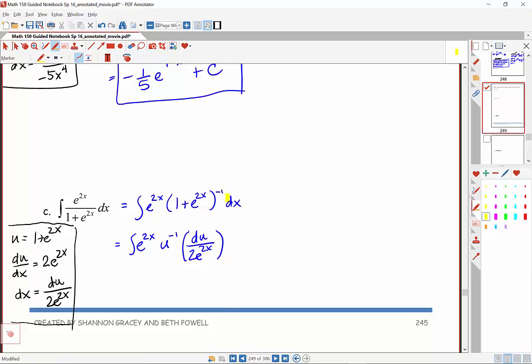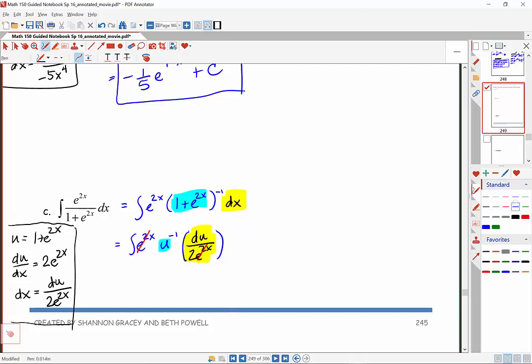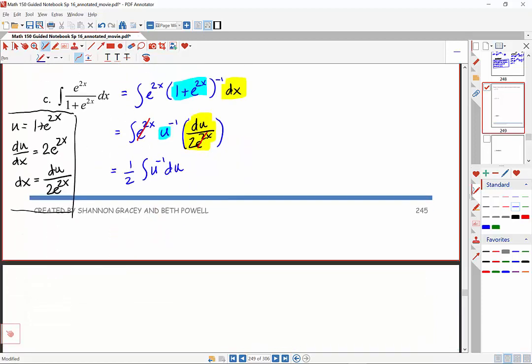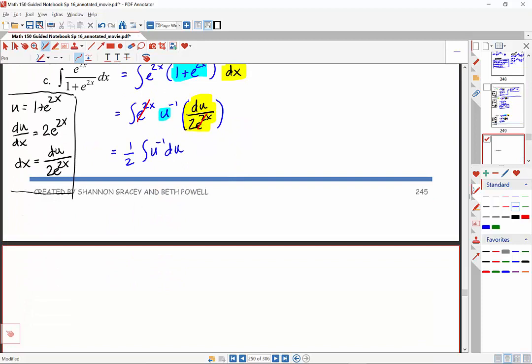So the dx is from here, and then our u was in here, and the e to the 2x's divide out, so we'll end up with 1/2 times the integral of u to the minus 1 du. So what will we get for that result? Perfect.